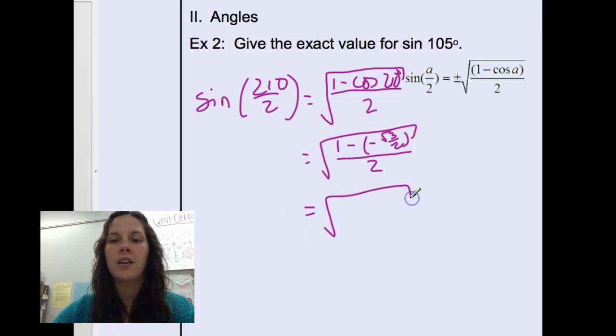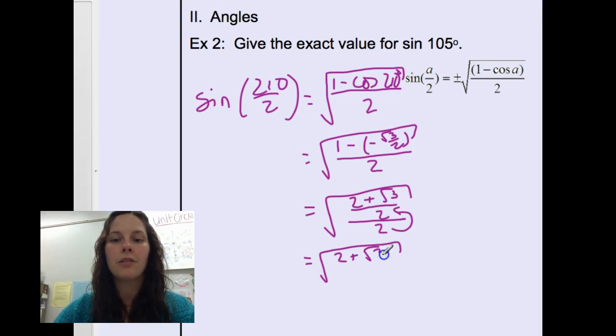Simplifying inside that radical, we have 1 plus root 3 over 2, which becomes, with a common denominator, 2 plus root 3 all over 2, all over 2. Remember, when we divide fractions, it goes in the denominator. So this is 2 plus the square root of 3 all over 4.